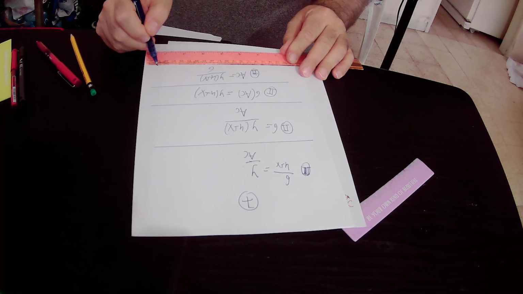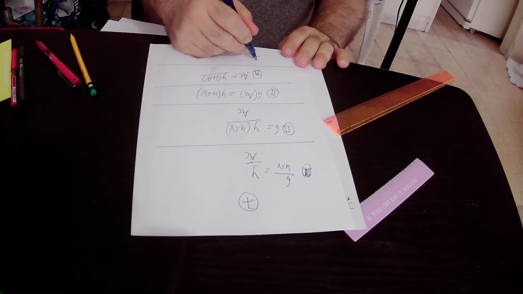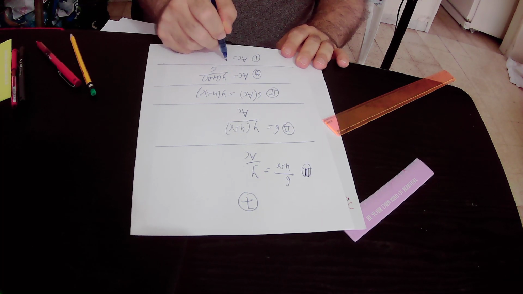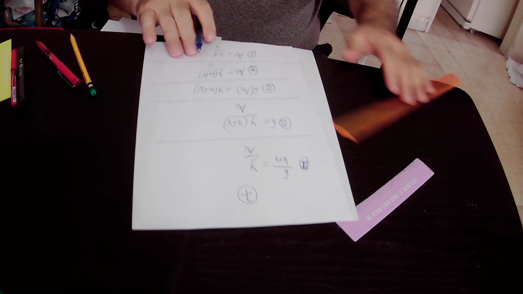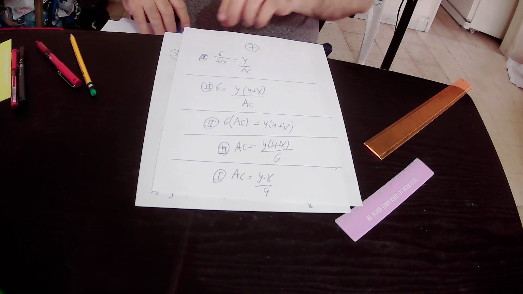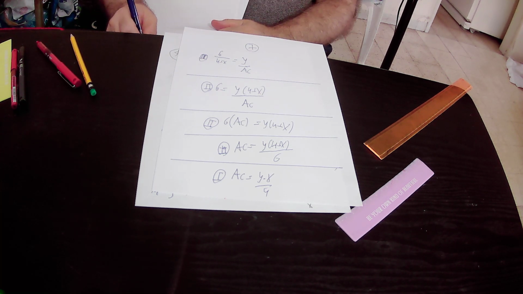And we have already found out, according to equation number 1, that AC equals Y plus X over 4. So we got the value of AC in equation number 1 and equation number 2, and I will create equation number 3, that states that AC equals AC.